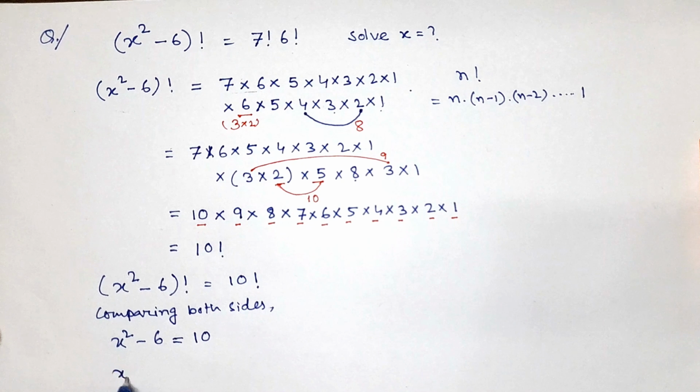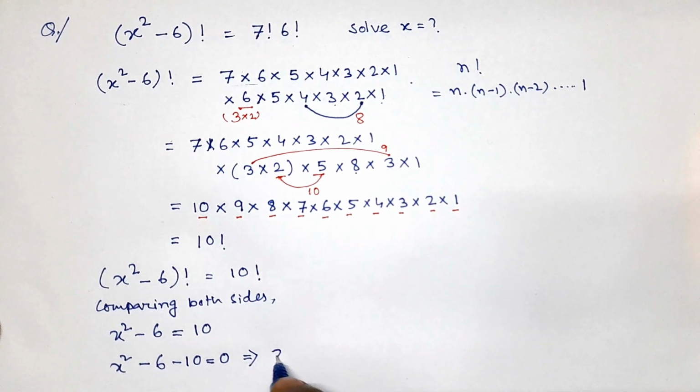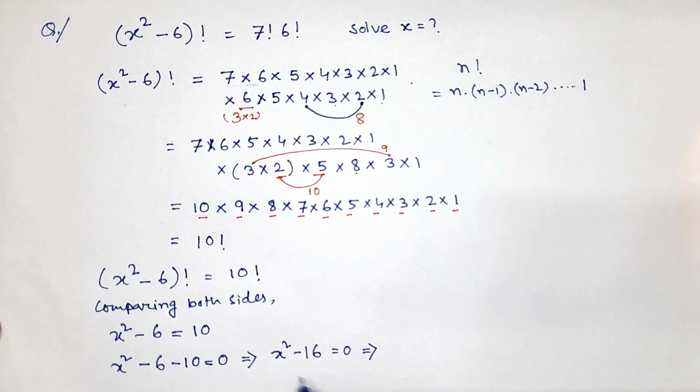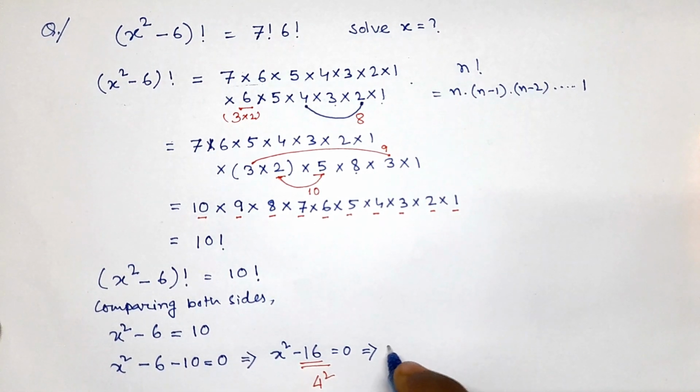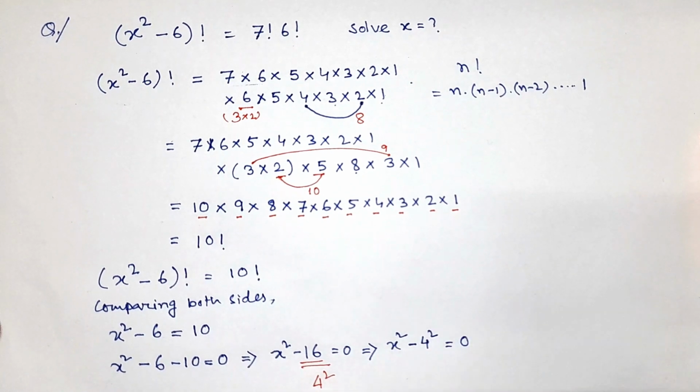Now we bring this 10 to the left side of the equation, so x² − 6 − 10 = 0. This implies x² − 16 = 0, and we can write this 16 as 4², so x² − 4² = 0.